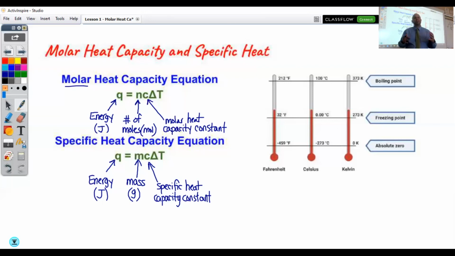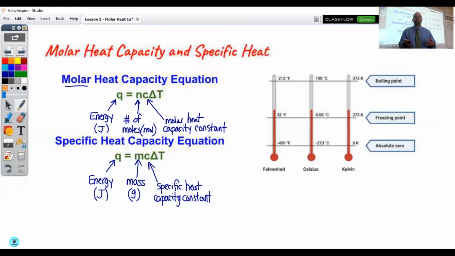So water takes much more energy to heat up, but also cools down a lot slower than something like a piece of iron. So we would say that the specific heat capacity of water is much greater than the specific heat capacity of iron. Iron heats up very quickly, cools off very quickly.